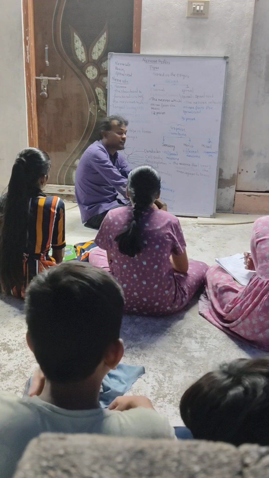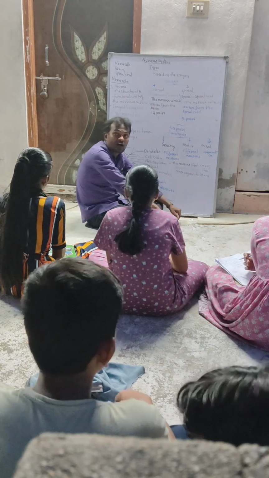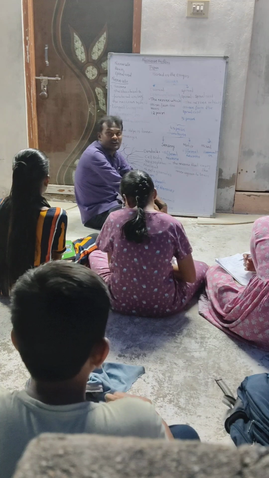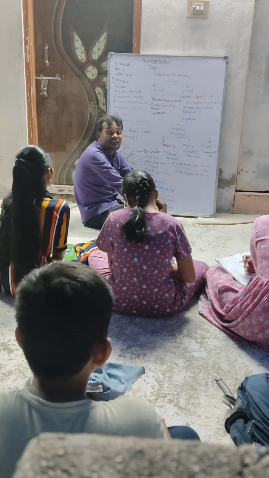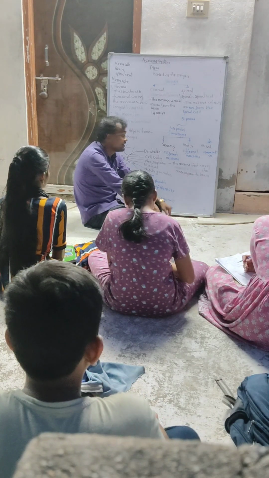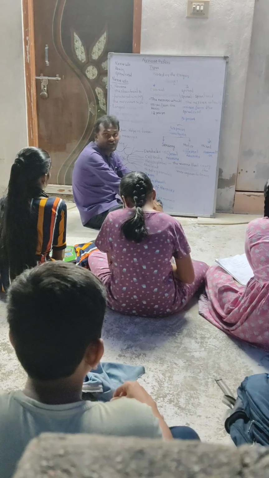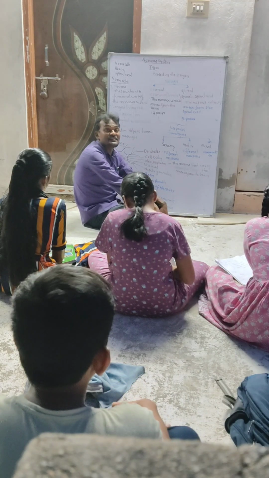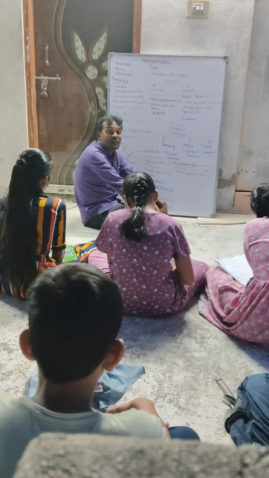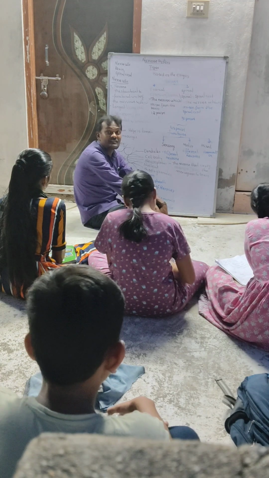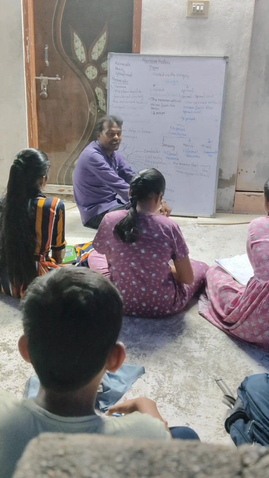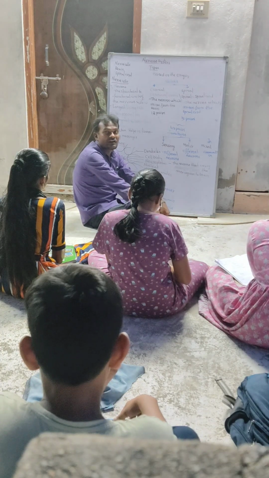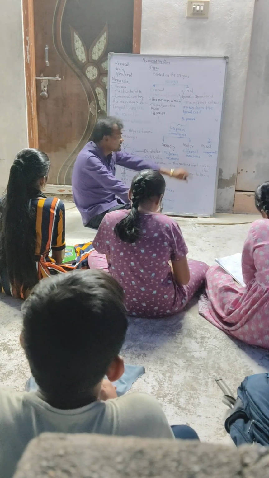Okay. Next, motor neurons. Motor neurons are also called efferent neurons. What are motor neurons? The neurons that carry messages from brain to body parts, or spinal cord to body parts, are called motor neurons.